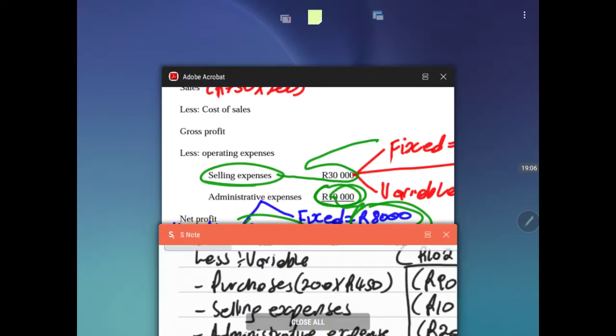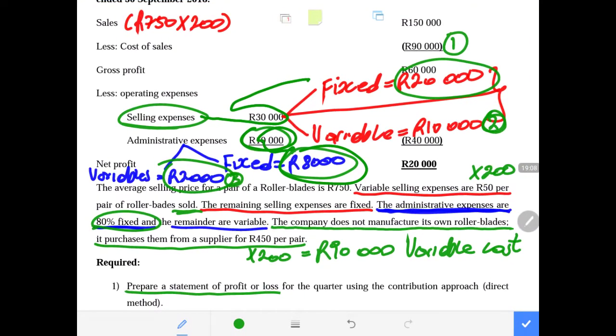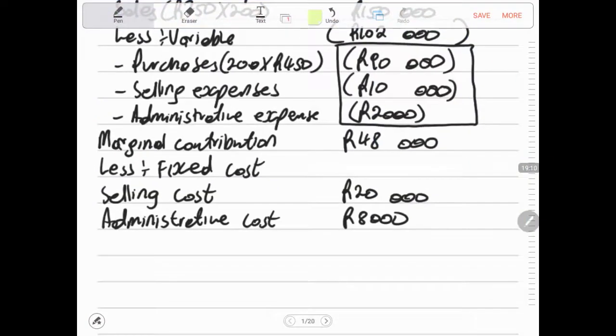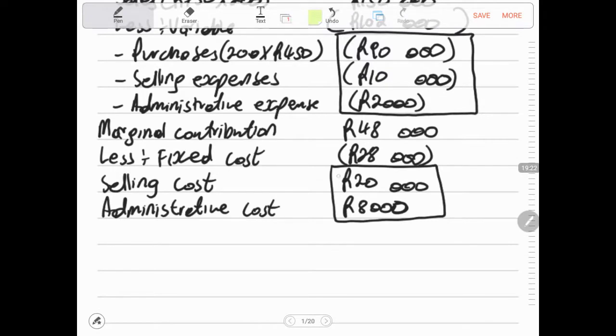Just to confirm, that is 8,000, which was 80% of 10,000. So now our total will be 28,000 rands. 20,000 plus 8,000 will give us 28,000.